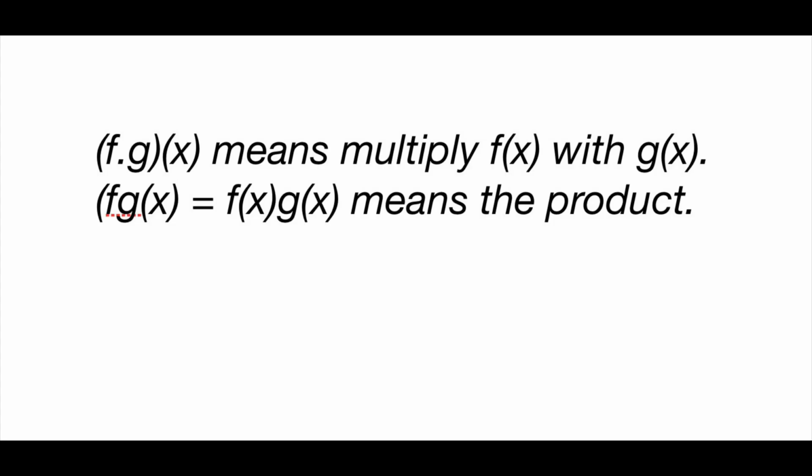Now, one thing you must know also is that there is a difference. When you are multiplying functions, you are simply multiplying the function f with the function g. Let's first define what each of these is.